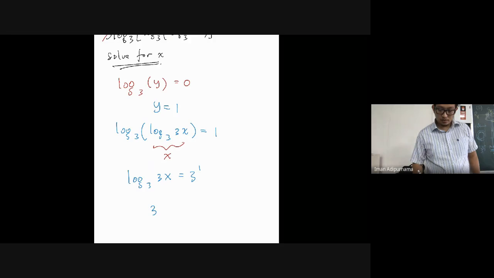So 3 with the power of 3 is 3x. So x is 3 with the power of 2, which is 9.